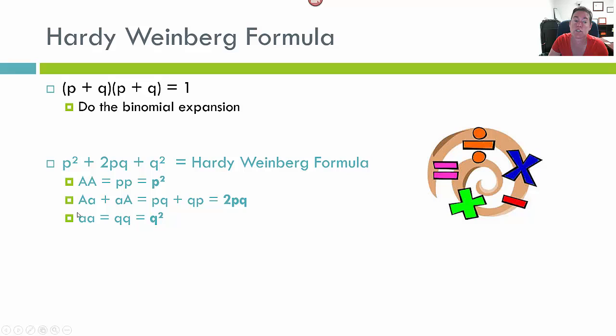The frequency of the two recessive alleles, little a little a, equals q times q, which equals q squared. Once again, you don't need to know the binomial expansion per se, but you do need to know that the homozygous dominant genotype equals p squared, the heterozygous genotype equals 2pq, and the homozygous recessive genotype equals q squared.